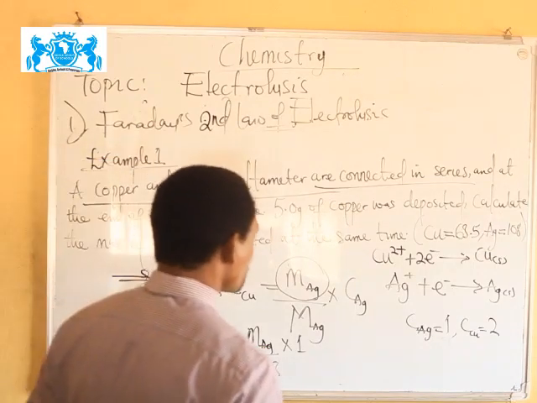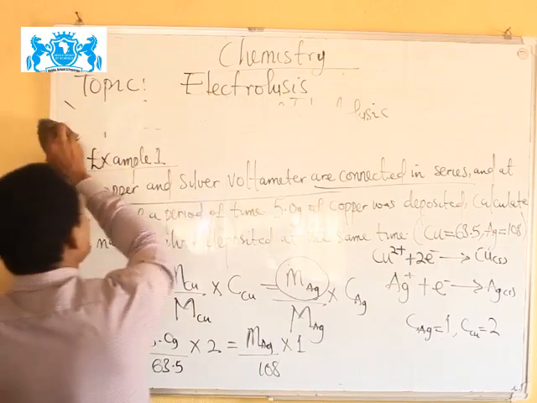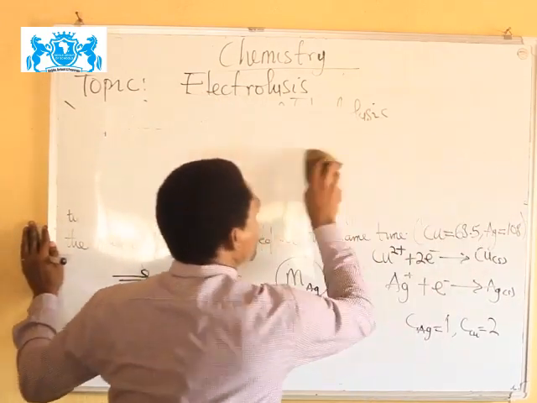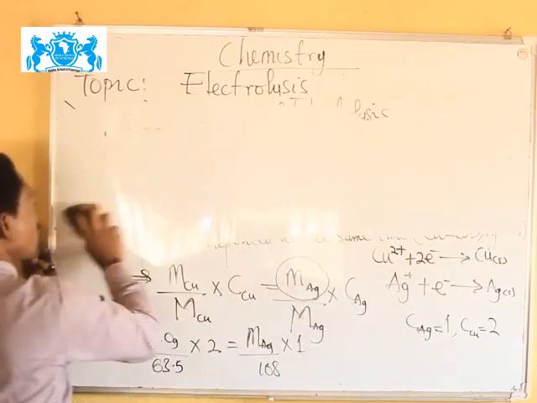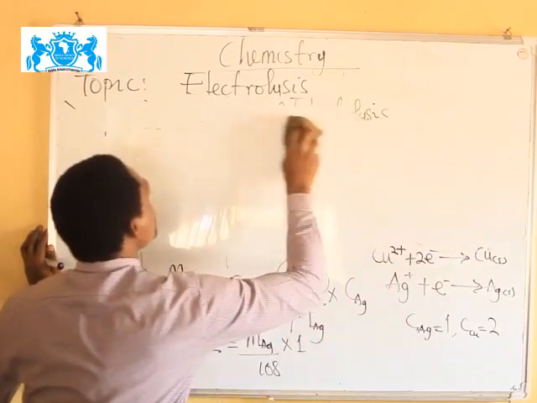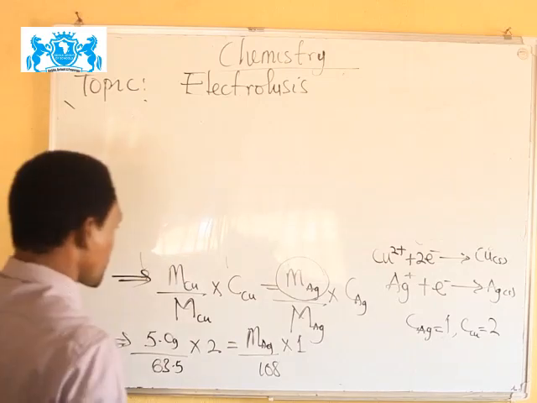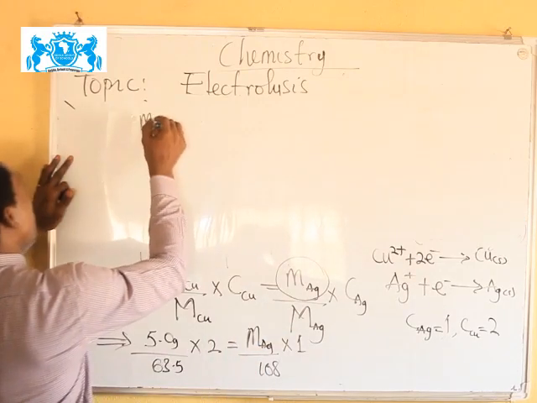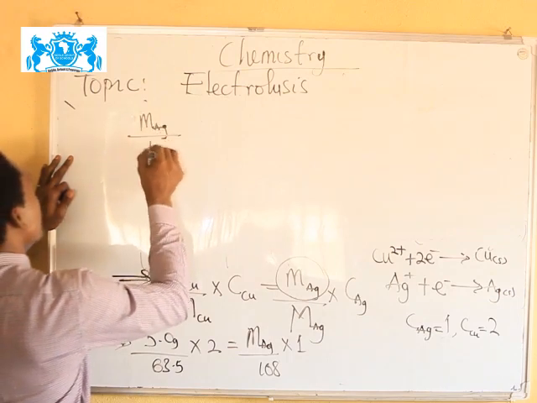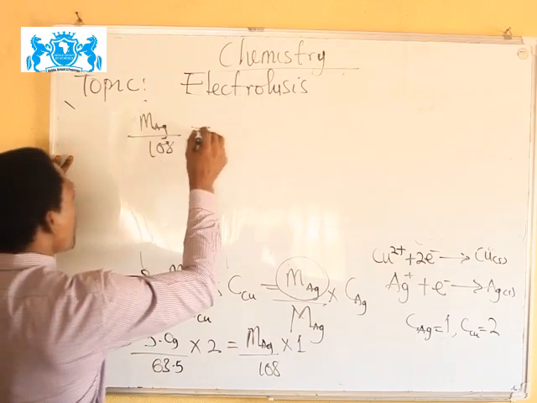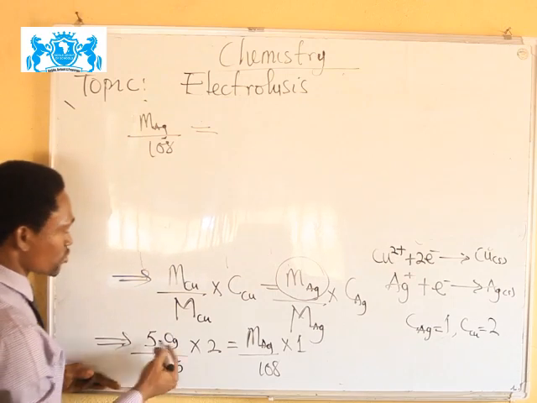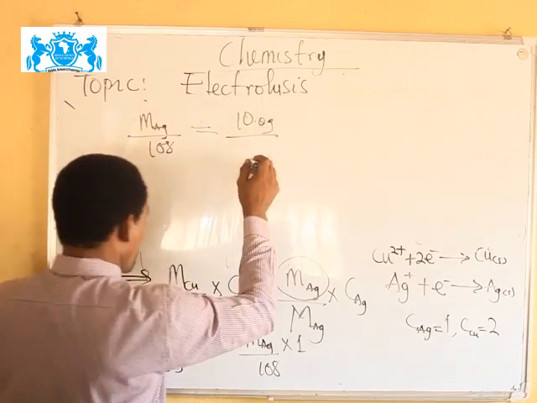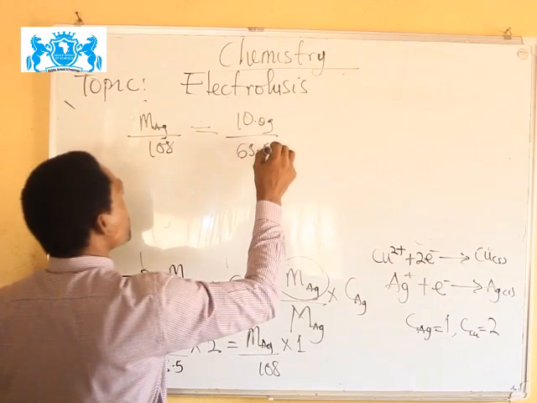Now, by doing so, 1 times M_Ag is M_Ag. So we have M_Ag over 108 is equal to, on this side, 2 times 5, that is 10. So we have 10.0 gram over 63.5.